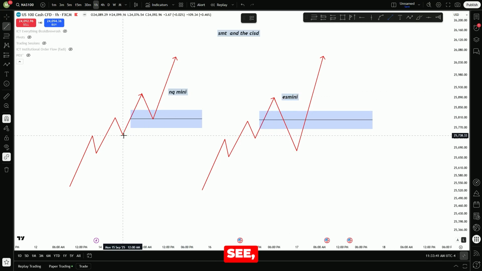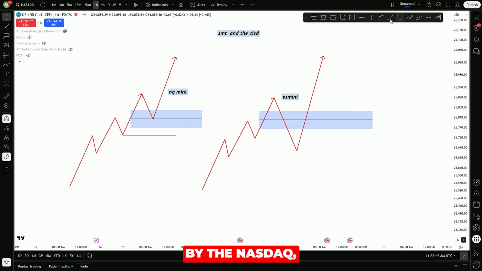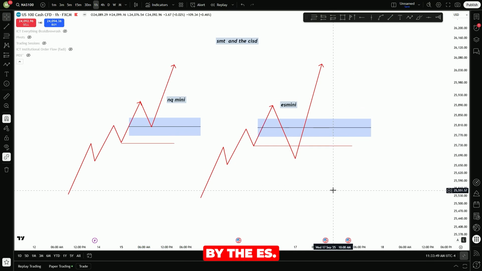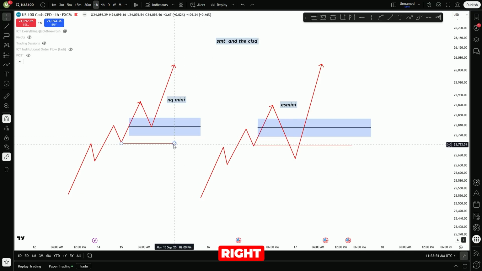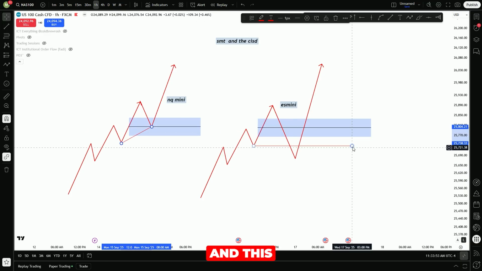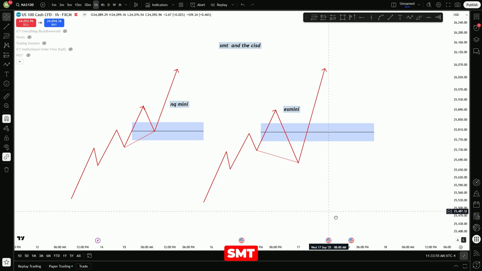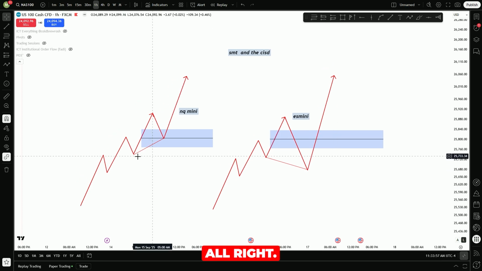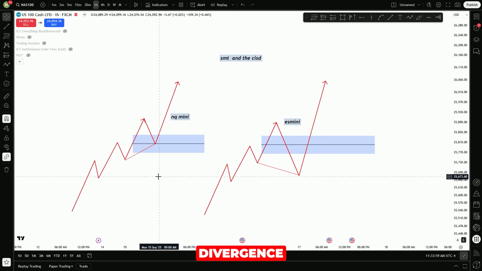As you can see, this point was never broken by the Nasdaq, but this point was broken by the ES. Now this is your SMT. The divergence between two correlated pairs is the SMT.